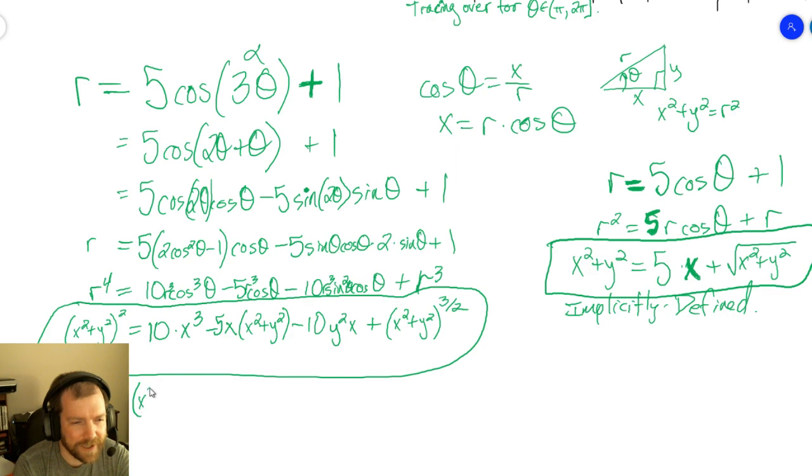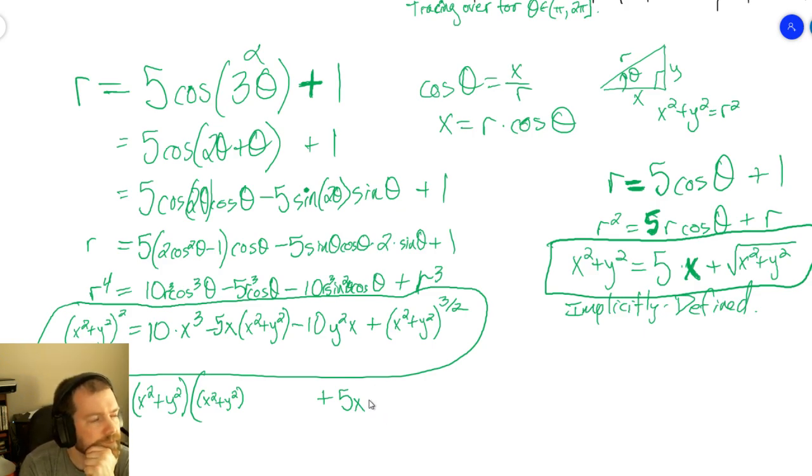So we're going to take x squared plus y squared out from this one, which is going to leave an x squared plus y squared. This term has an x squared plus y squared, which we can move to the other side. So that's going to be a plus 5x. Maybe not. Yeah, this may not be a quadratic relationship after all. And then here, this is going to move to the other side, so we get a negative.